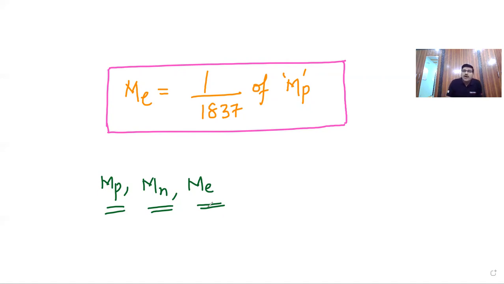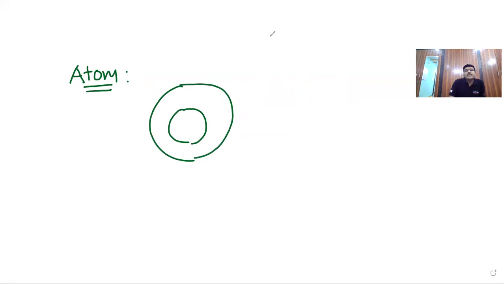Clear? Now, observe carefully. If I take an atom, this is the atom. This is the nucleus. And this is an orbit.